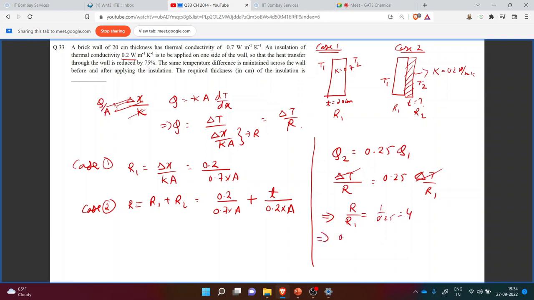Then R we can replace as 0.2 by 0.7 plus T upon 0.2, and that will be divided by R1, which is 0.2 upon 0.7. The area A will get cancelled.